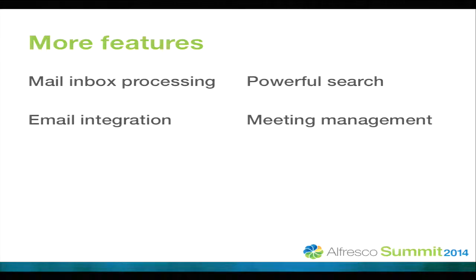That means we have attached a scan solution such as Kofax or Ifisoft, and there's a mailbox process that allows you to distribute incoming paper mails that were scanned to the correct department. Of course, you can integrate it with Outlook or Lotus Notes. The powerful search, I could go into depth there, and we have also some meeting management solution that can be used in combination with the case management.